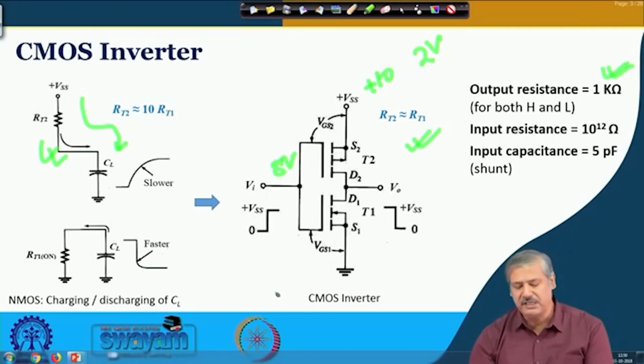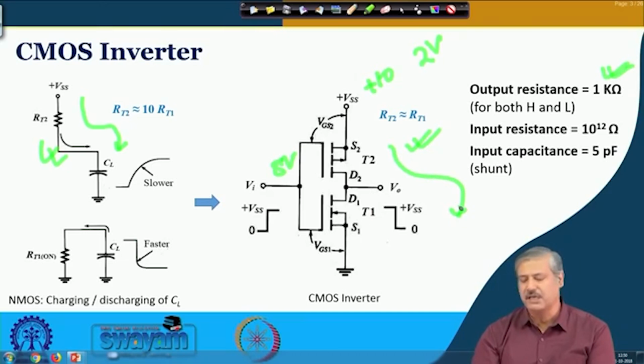The other important thing here is that when the input is either 0 or 1, no power is consumed along this path. Only during switching, when this output capacitor is getting charged or discharged, will some power consumption be there.